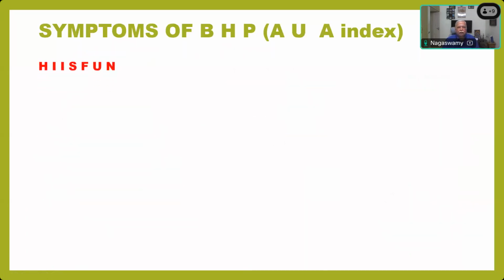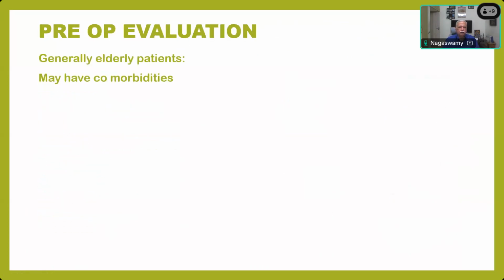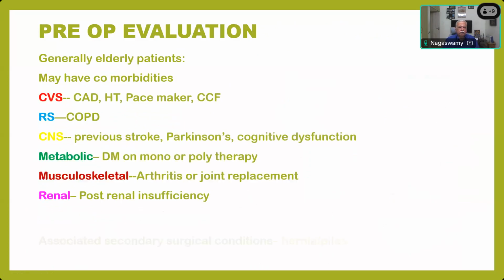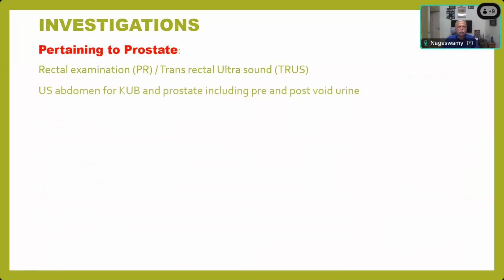And symptoms, of course, we have seen that the stream is thin, frequency, urgency, nocturia, fear of retention, all the things we have seen already. And what are all the investigations pertaining to prostate that is done by urologist?